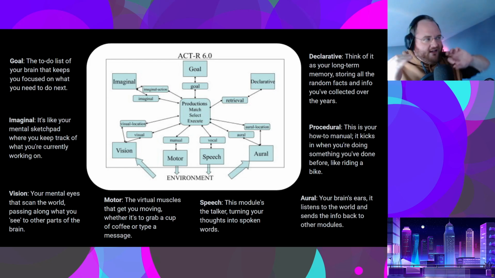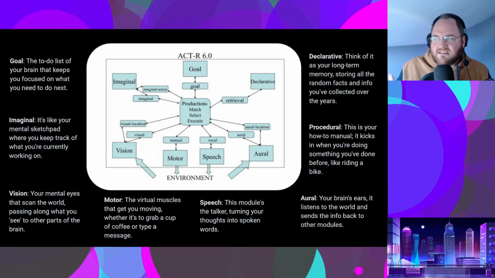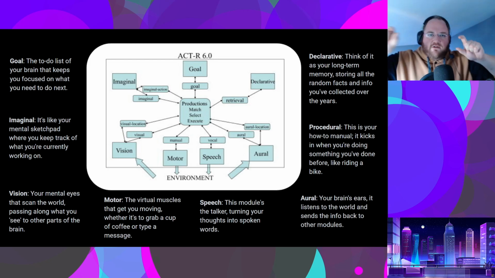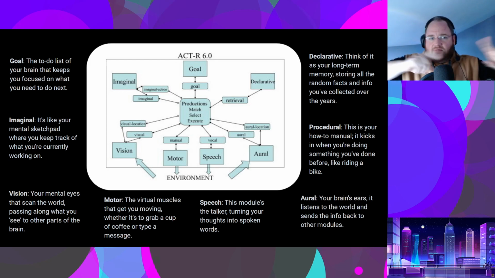And it'll ask declarative memory, hey, what other cars have I seen? That was a stupid task I made up out of nowhere, but it kind of illustrates the idea of how these different modules talk to each other. The procedural module is kind of like the main core of how the behavior is determined, but everything is kind of on equal footing. They're giving information back and forth when requested.